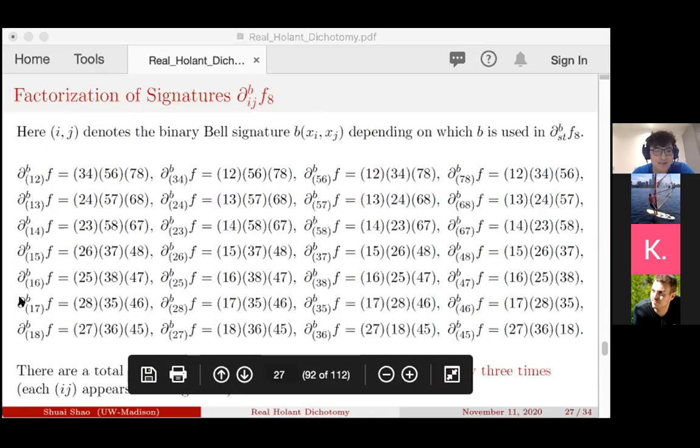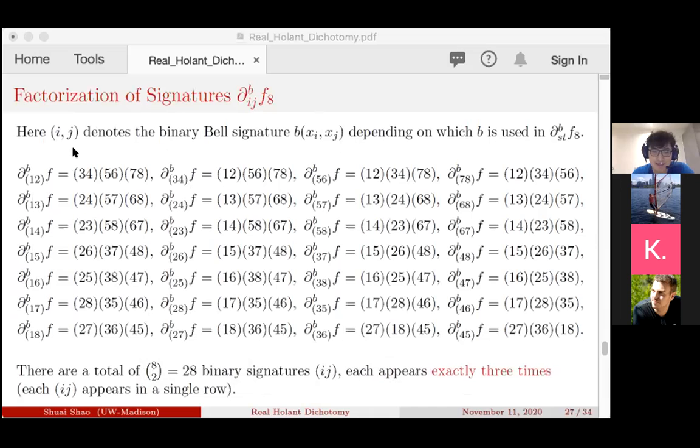As you can see, each binary signature appears exactly 3 times, in 3 disjoint pairs. Actually, it appears in 1 row. For example, the binary signature 3, 4 appears in the signature realized by merging variables 1, 2. It also appears in the signature by merging 5, 6 and by merging 7, 8.